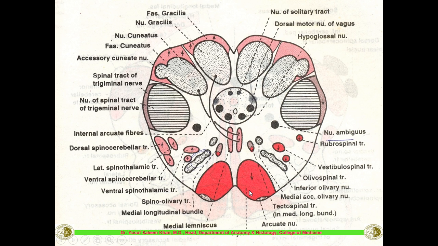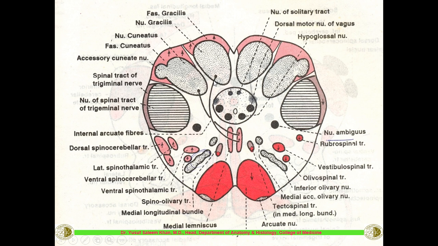This is the pyramid, and here is the arcuate nucleus. Because this is the section at the sensory decussation, you should appreciate that the fasciculus gracilis and fasciculus cuneatus are thin, but the nucleus gracilis and nucleus cuneatus are larger because the first order neurons end here.